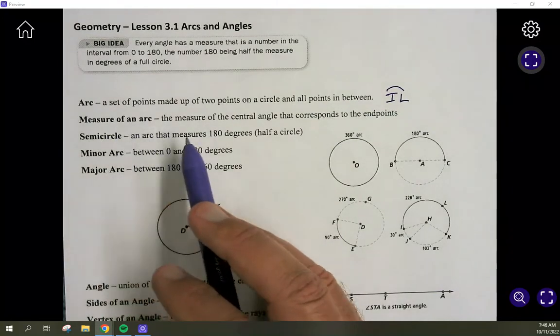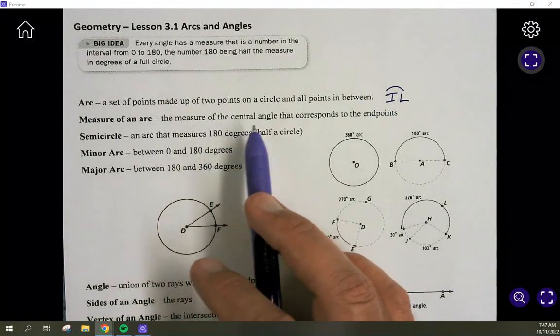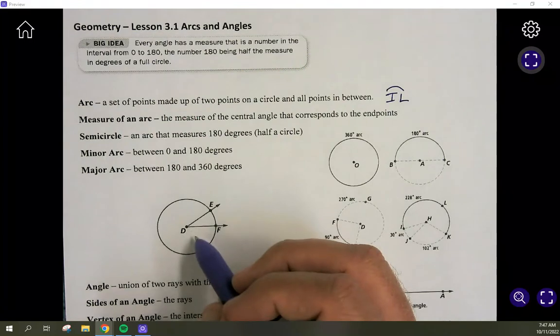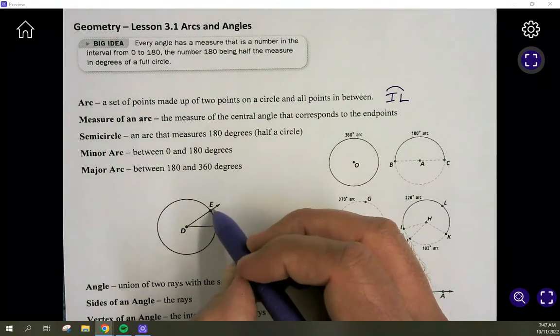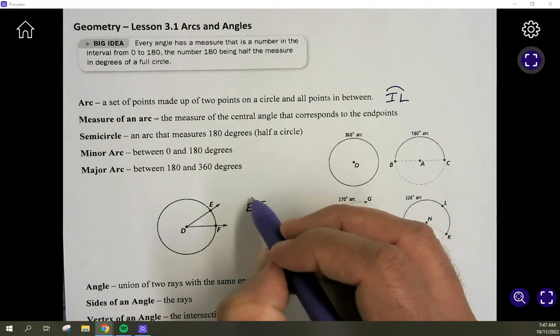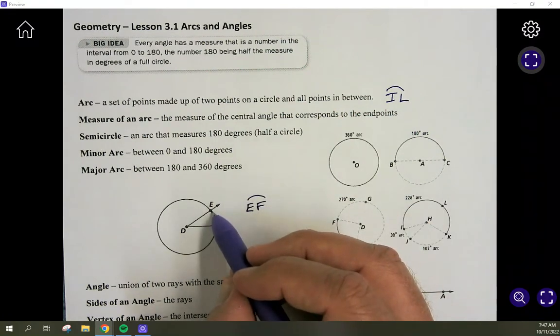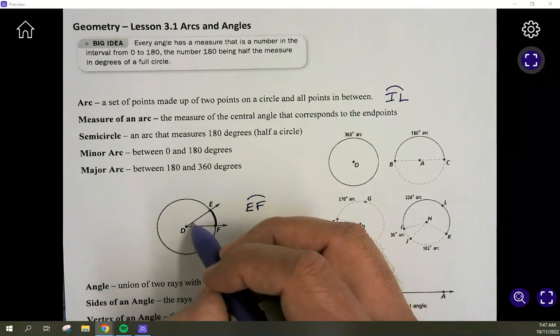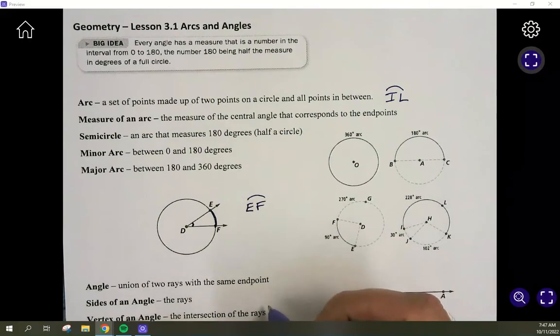So the measure of an arc is actually the measure of the central angle that corresponds to the endpoints. That sounds a little complicated, but if we take a look over here at this circle, if we have arc EF, which represents these points out here, the measure of that is going to equal the measure of this angle.